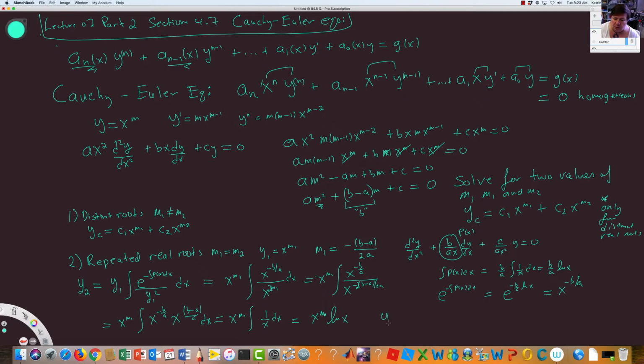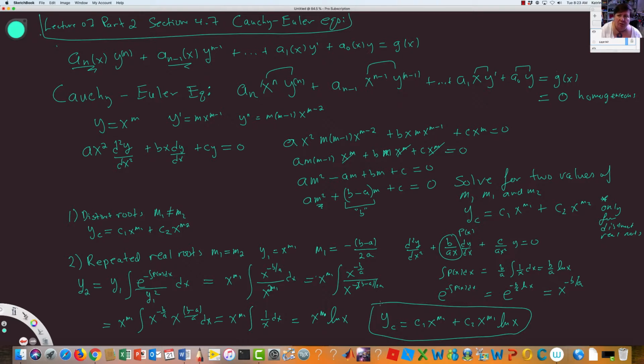That means that yc is going to be some constant times x to the m1 plus a constant times the second solution, x to the m1 ln of x. That's the case when we have two repeated roots, and you know what m1 is: minus b minus a over 2a.